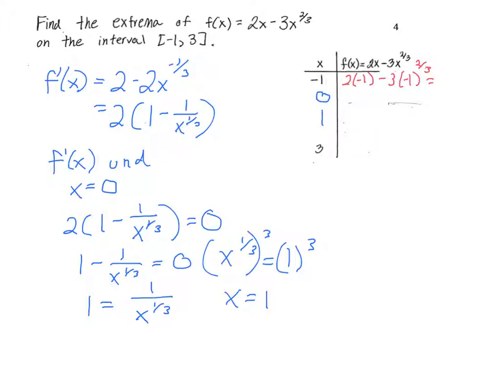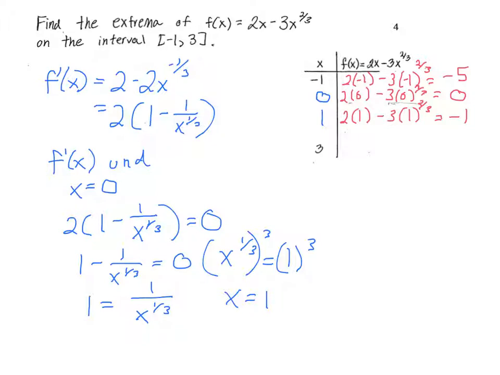So -2 minus 3 would be -5. If I plug in a 0, I will just get a 0. If I plug in a 1, I will get a 2 minus 3, which is a -1.